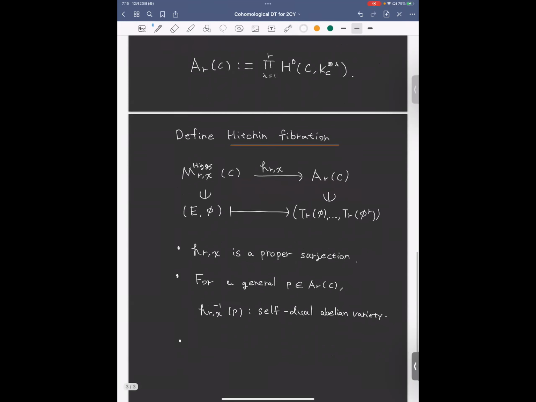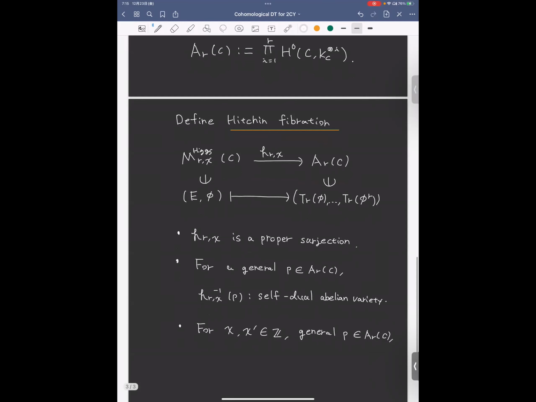Okay, and the third property is that for different choices of chi and chi prime, and for general P, the fiber of T by the morphism HR chi is isomorphic to HR chi inverse of HR chi prime inverse of P.